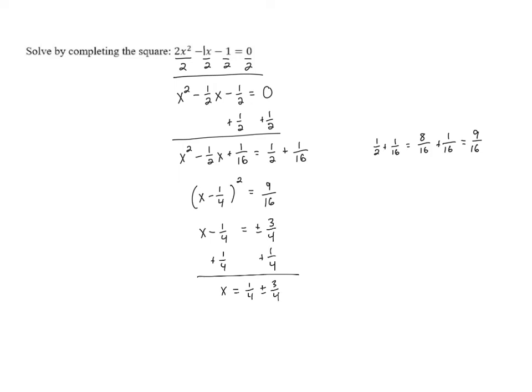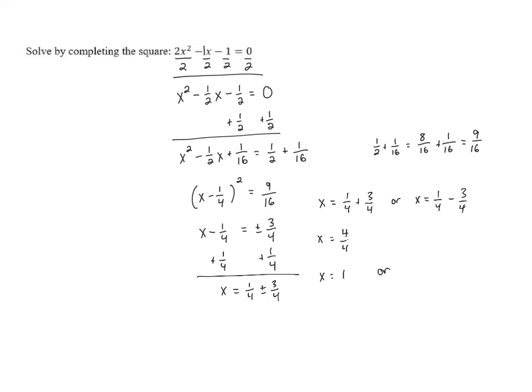To figure out what the solutions are, we need to look at these two separately. So we know x could be 1/4 plus 3/4, or x could be 1/4 minus 3/4. That's what the plus or minus symbol gives us. And now we can evaluate each of these expressions to figure out the value of x. 1/4 plus 3/4 gives us 4/4, and 4 divided by 4 is 1.